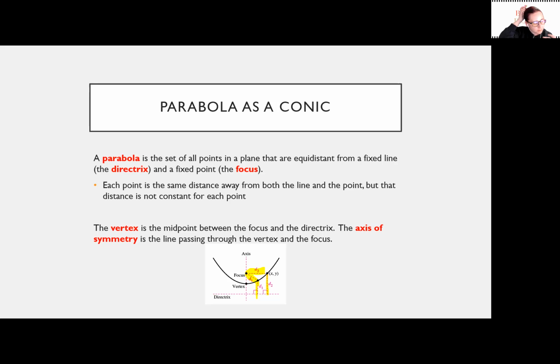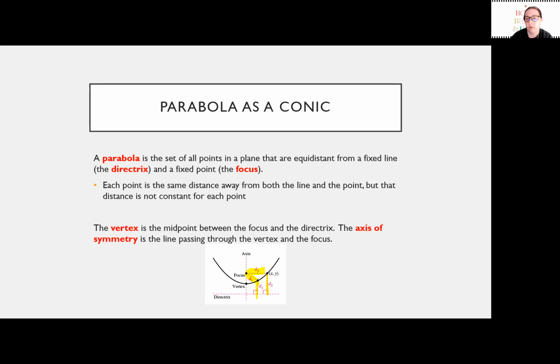Other types of conics that we will study, like the ellipse and the hyperbola, also talk about equidistance, but they're looking at the sums of the distances, or the difference of the distances. So the definitions are very similar, but for a parabola we're saying those two distances are equal, and for those other types you're looking at the sum being the same or the difference being the same.